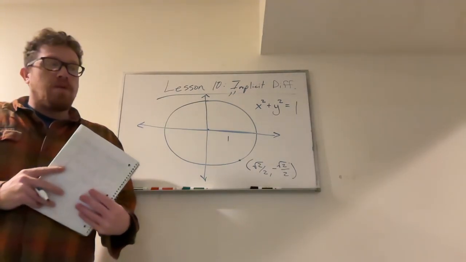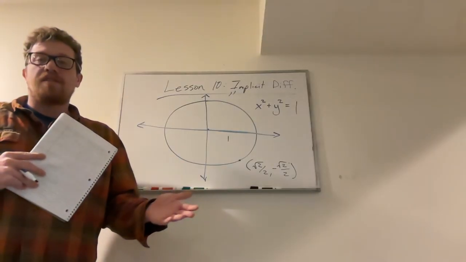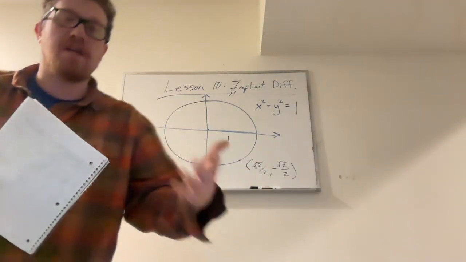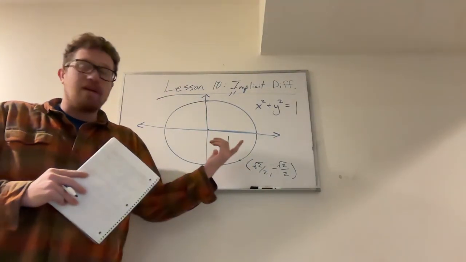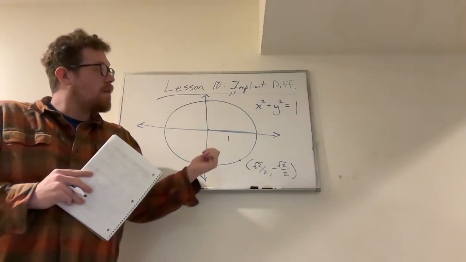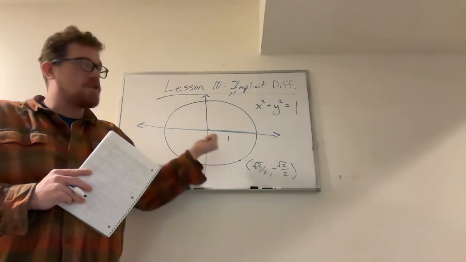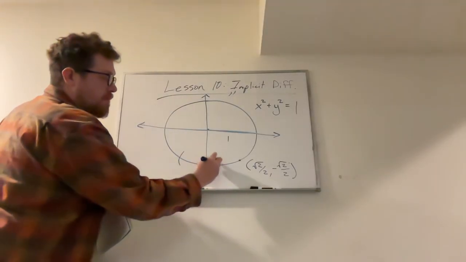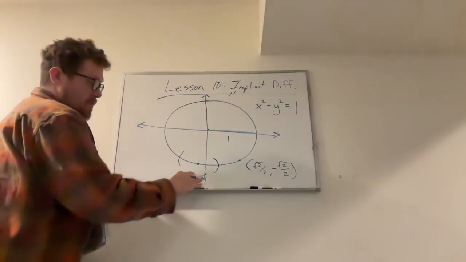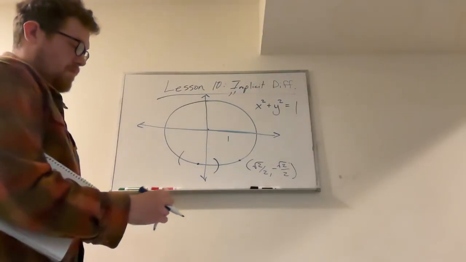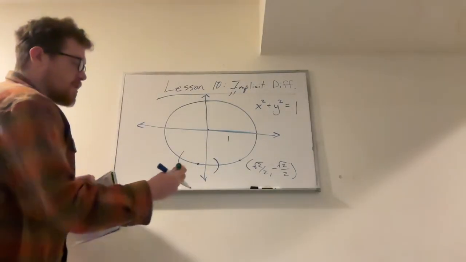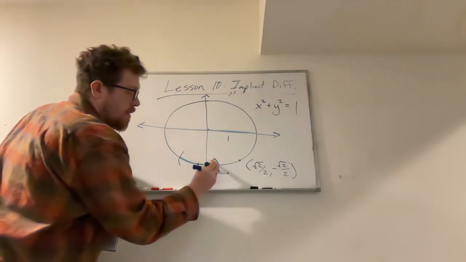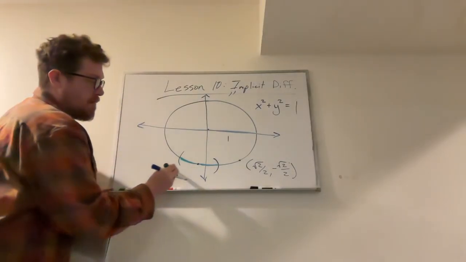Okay, and so there's a theorem that we're not going to go into in real analysis that basically says, if you have a relation like this and there's certain conditions, that locally, if you look at most of the points, one of the variables will be a function of the other. So in this case, if I pick a point here and I look close enough, I'll put it in green now, we can describe the points that are close to the point that we picked as some function of the x variable.